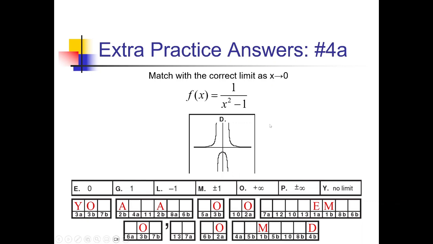But if you weren't really sure, you actually could try plugging in 0 for x in the equation to see what it comes out to. This will work if it's a continuous function, if the limit and the function value are the same. So if I did have 0 in for x, I'd have 1 over 0 squared minus 1. That would just be 1 over negative 1 or just negative 1, which is what it looks like this could be. So I'm going to go with negative 1.